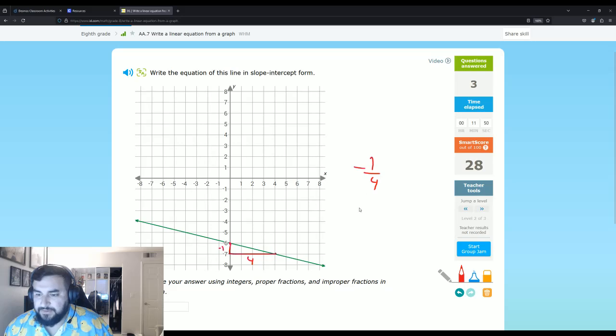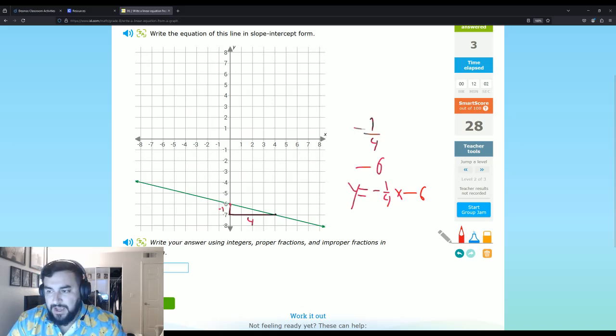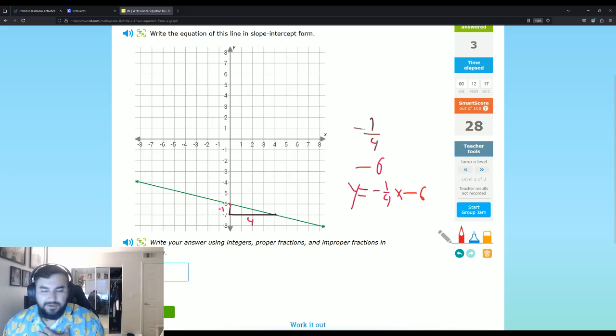My y-intercept is a -6, so I'm going to put y equals -1/4x minus, not a plus, -6 because it's a negative. So y equals, oops, let's put that as a fraction, 1/4 as a negative, almost messed that up, x minus 6. You see how I almost made another mistake? When I go too fast, I'm just going way too fast.